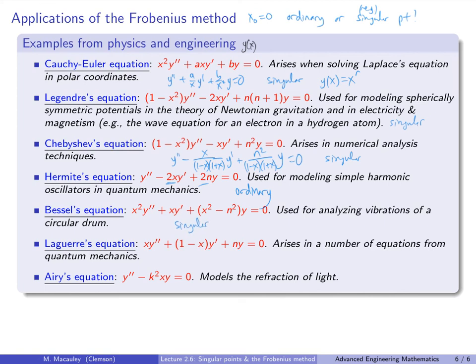And in fact, we only get one generalized power series solution for this, and for the other one we have to use the reduction of order trick. That's annoying. For Laguerre's equation, we divide by x, and it's going to be singular. And Airy's equation is going to be regular.